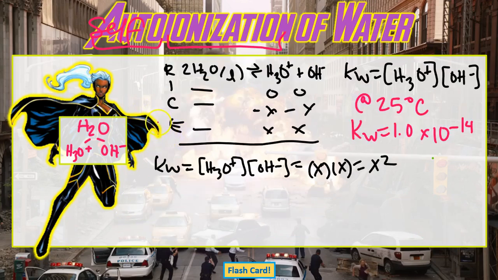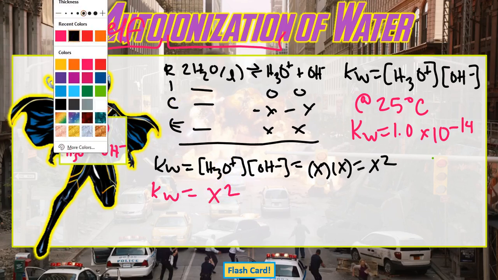Now let's go further. We want to take our ionization equation here: two water molecules form H3O+ and OH-, and we're going to build a simple RICE table. We take our Kw value, our ion product constant, which we know is H3O+ times OH-. After we fill out our RICE table, we're going to be left with Kw equal to x squared. And guess what, folks?